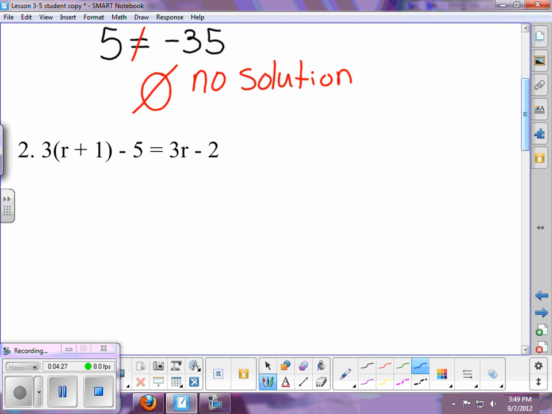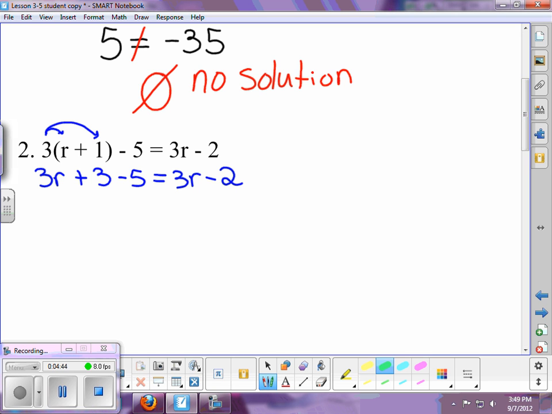Let's start on number 2. We get started again by distributing. This would be 3r plus 3, recopy, minus 5 equals 3r minus 2. Now we want to see if there are like terms, which there are on the left side. We can combine those like terms.